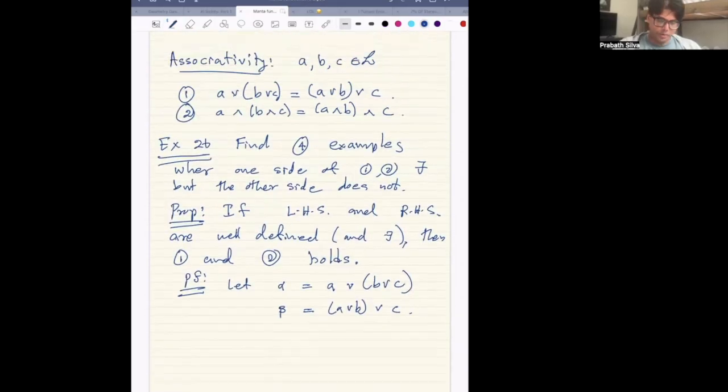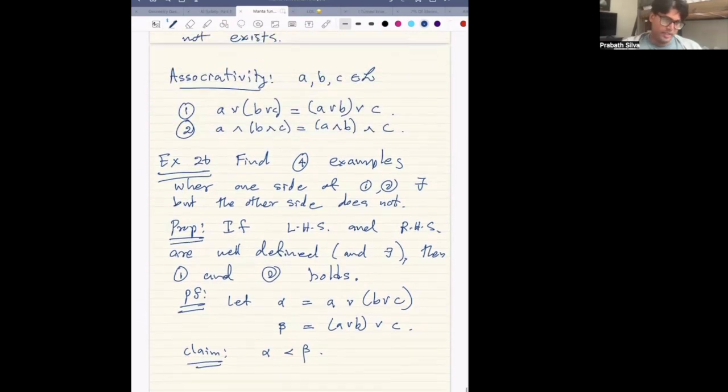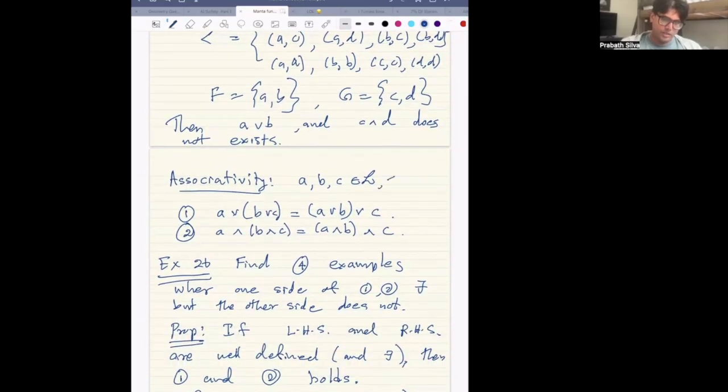So let's prove that alpha is less than beta. I mean, the less than means less than or equal. Okay.